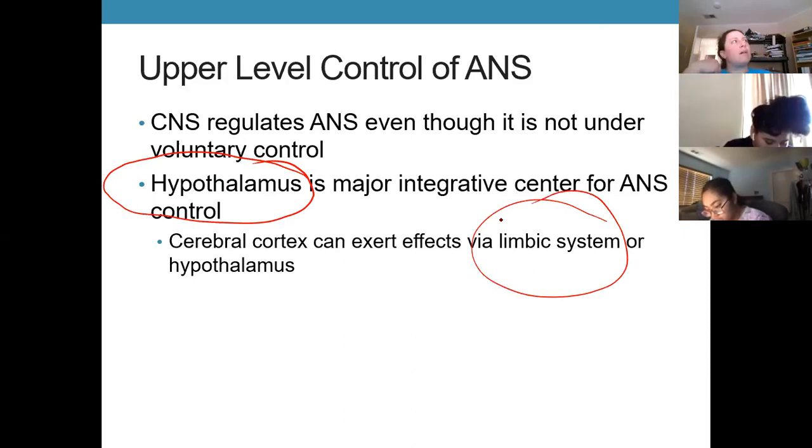So basically, our emotional state is going to have a major impact on our autonomic tone and autonomic outputs, which I think makes sense. And we kind of talked about that a little bit when we covered the limbic system before, right? Like if you get really angry or you get really scared, your body's going to respond by increasing sympathetic tone.